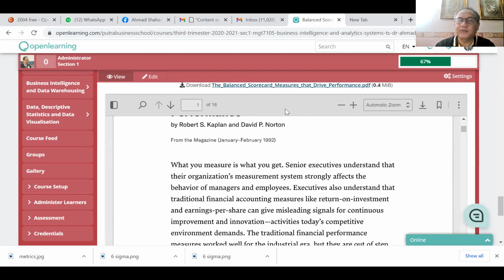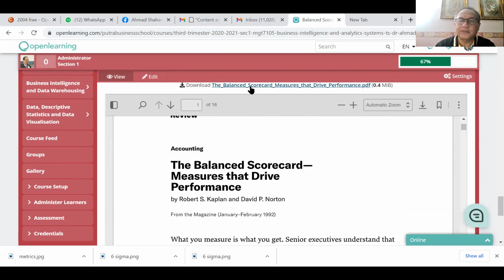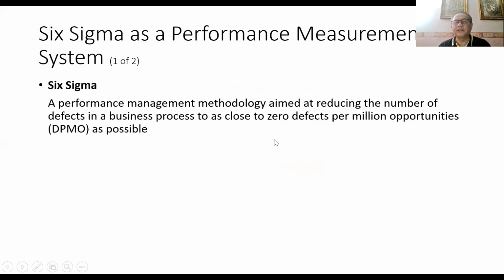Okay, besides balanced scorecard, there is another measurement we call Six Sigma. Six Sigma is actually different. It's not really business performance measurement, but it is actually looking into how to improve processes to reduce the number of defects. They call it defects per million opportunities.